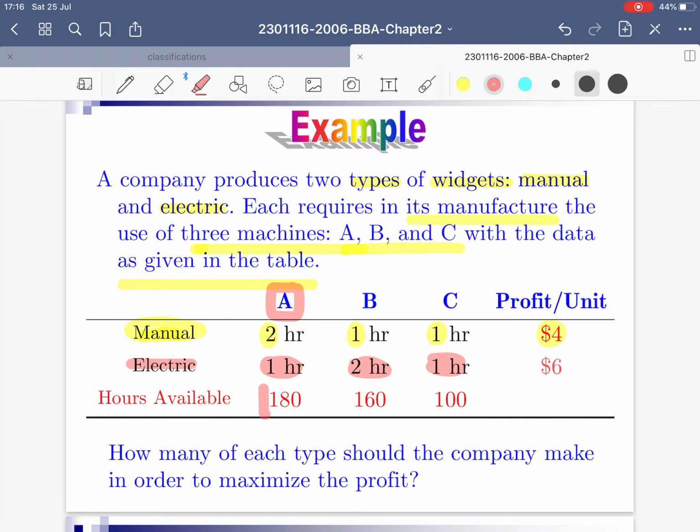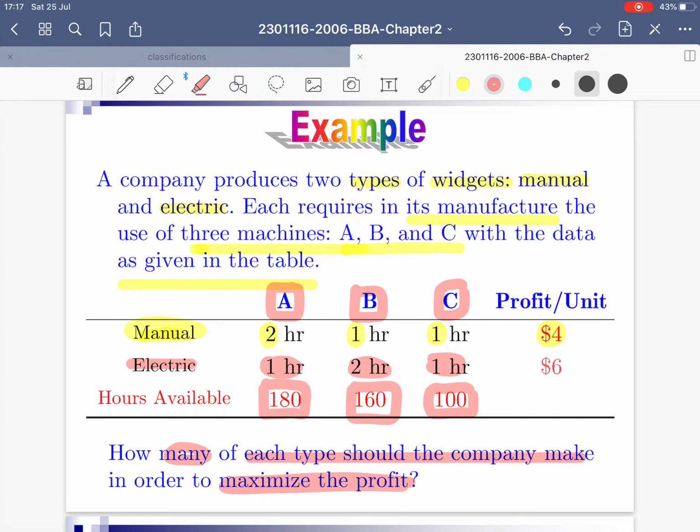Machine A can operate for 180 hours, machine B for 160 hours, and machine C for a total of 100 hours. So how many of each type should the company make in order to maximize profit?